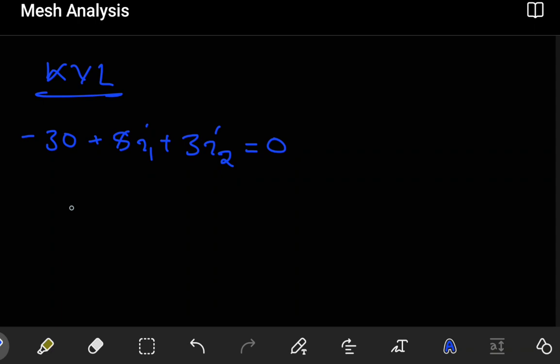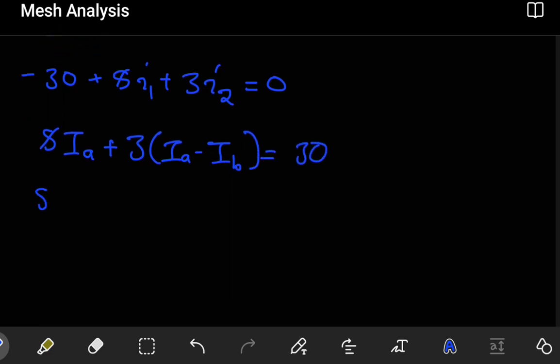Simplify this, the 30 goes the other side. Substitute I1 and I2 by the respective mesh currents: 8 IA, plus 3 times IA minus IB, is equal to 30. Simplify this: plus 3 IA minus 3 IB.